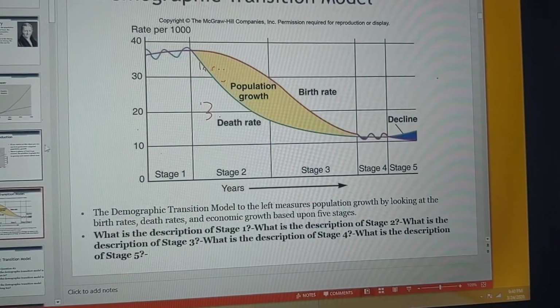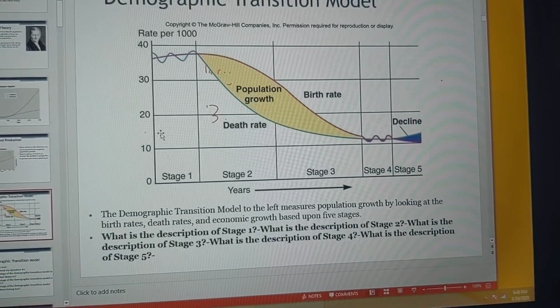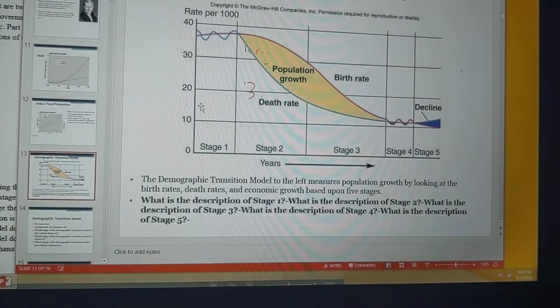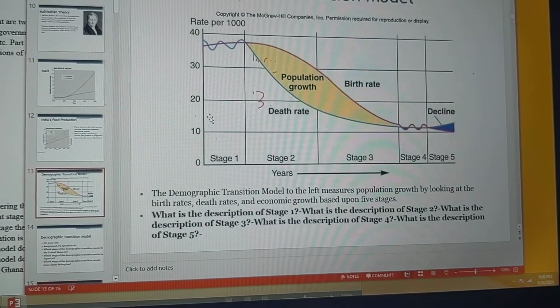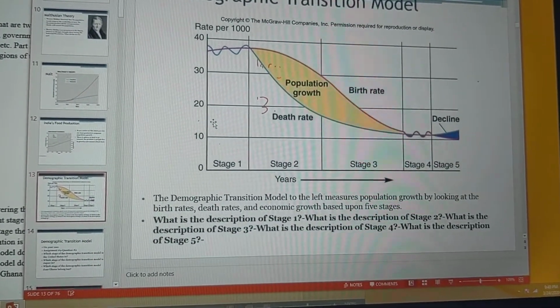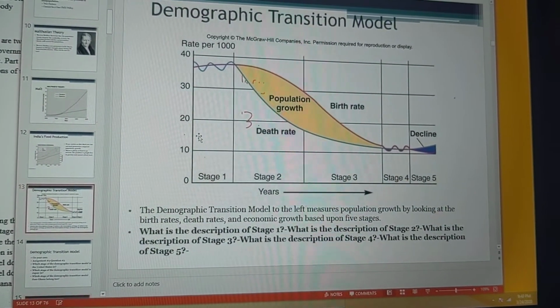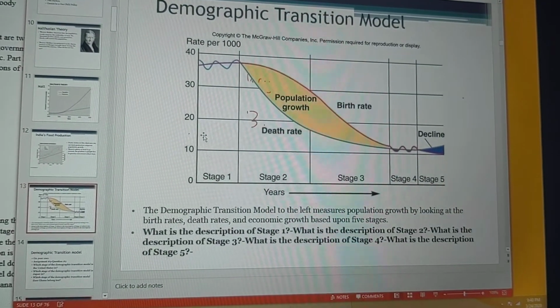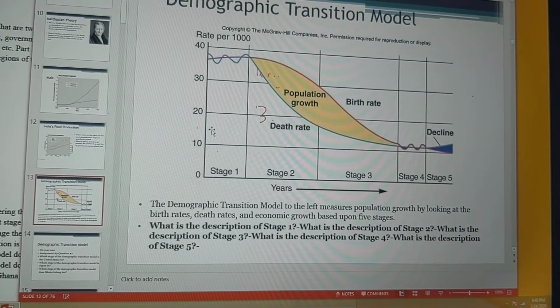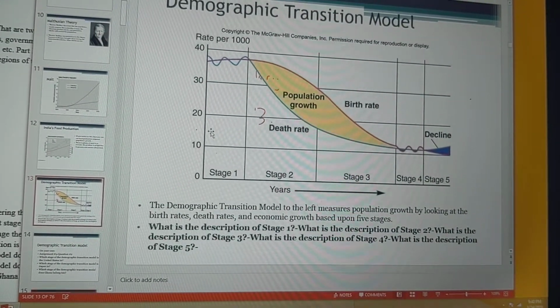I want to explain the demographic transition model because this is going to go into question 2, okay? So if you have to rewind the video and hear it again, that's fine. So stage 1, okay? Stage 1 of the demographic transition model. I wanted to say every demographic transition model has 5 stages.